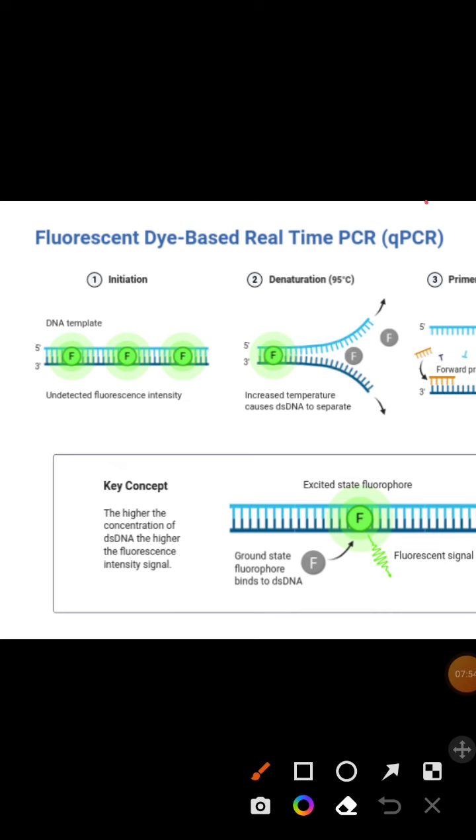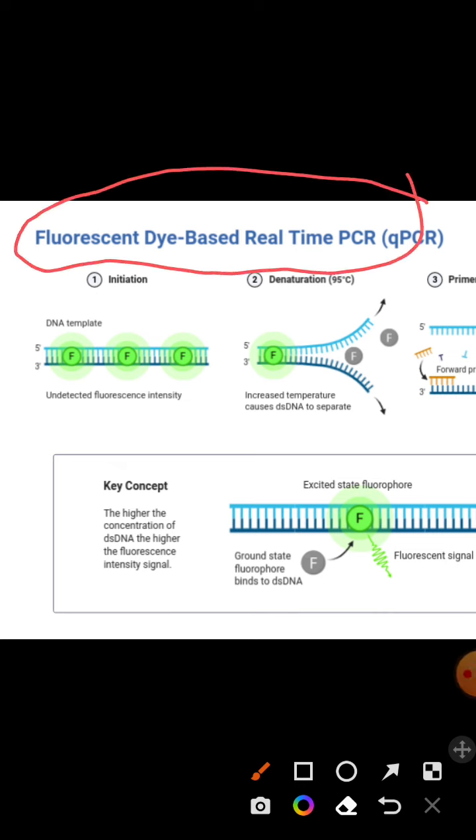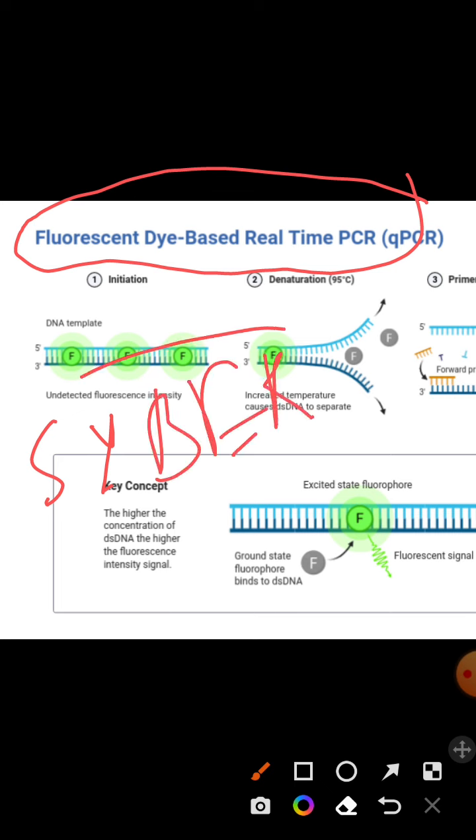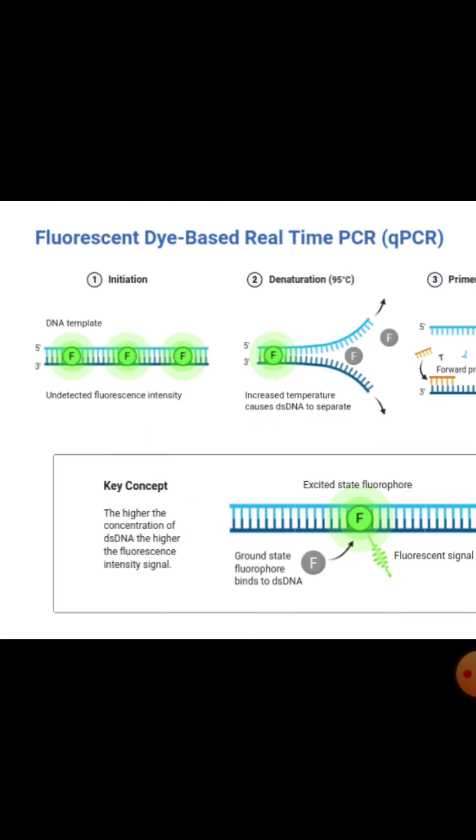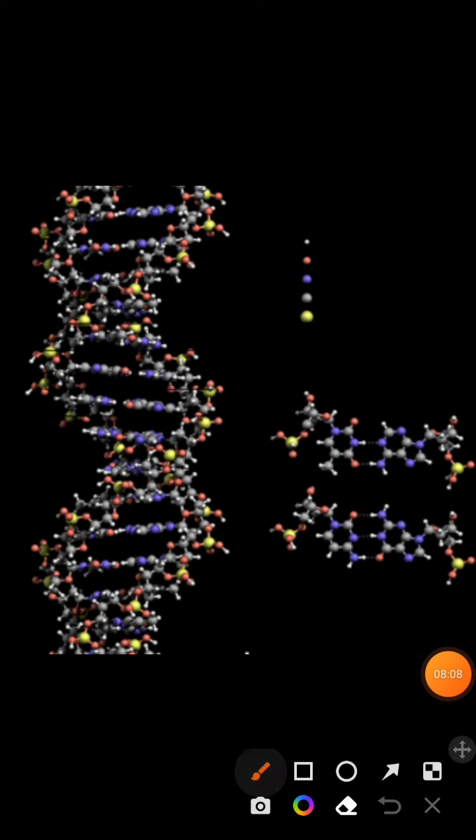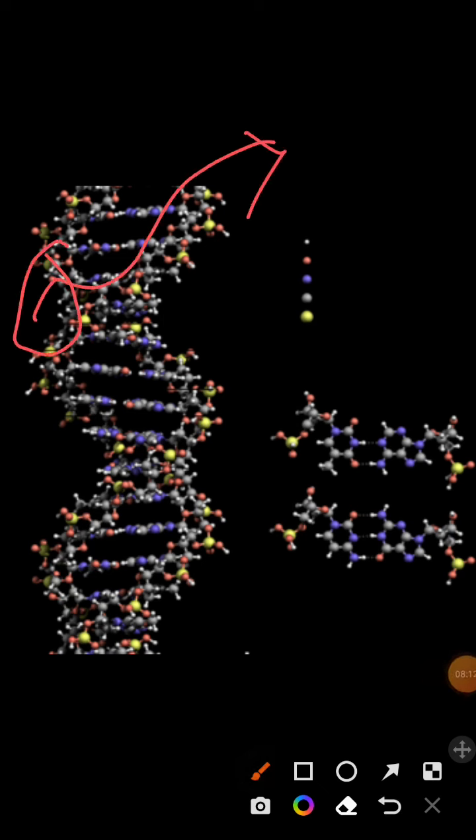But here there is another question: SYBR Green has some disadvantages too. What are the disadvantages of SYBR Green? The disadvantage is that SYBR Green not only prefers binding with the minor groove of the double stranded DNA, but it also prefers binding with the GC-rich sequences.